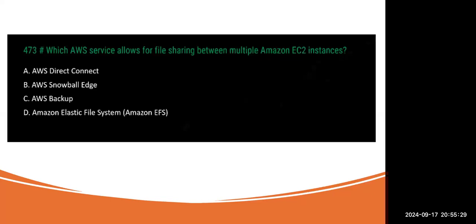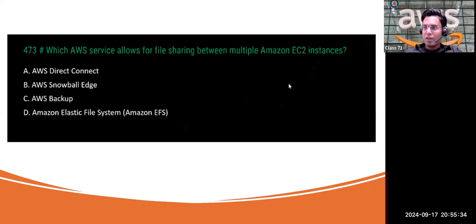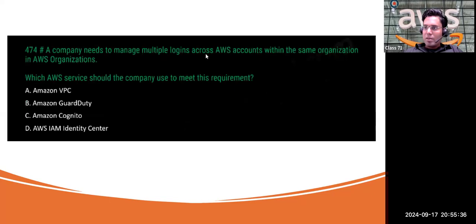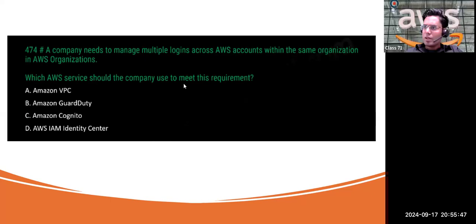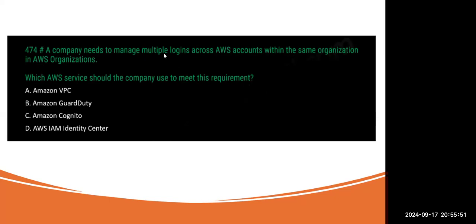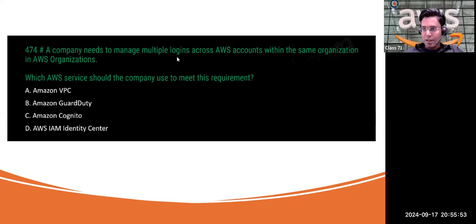D. Yeah, D, correct, because it's network storage. A company needs to manage multiple logins across AWS accounts within the same AWS organization. That's D. You need to manage multiple logins. Yeah, D, correct.